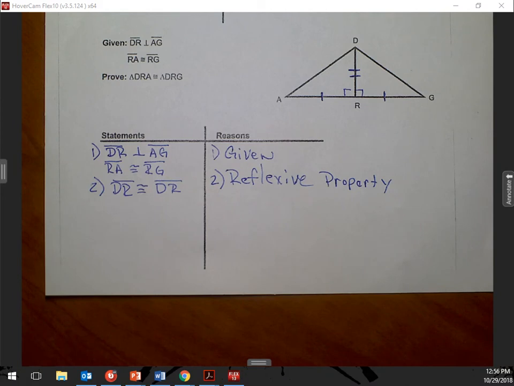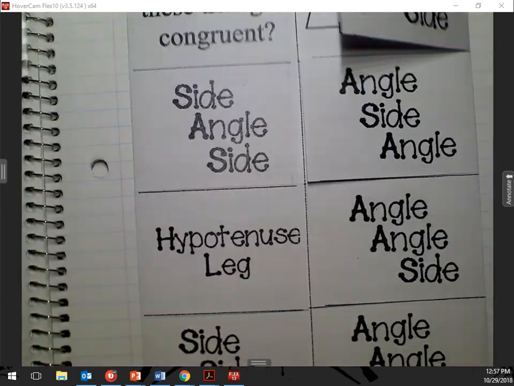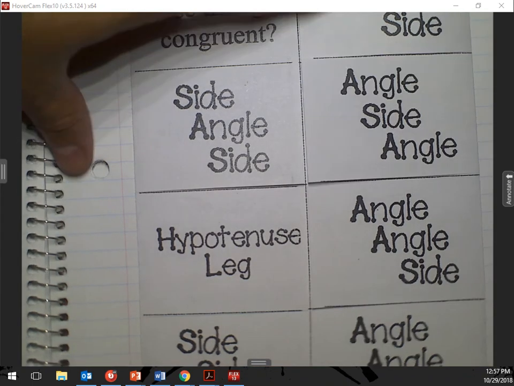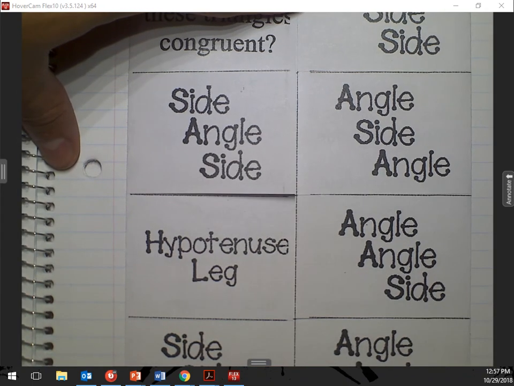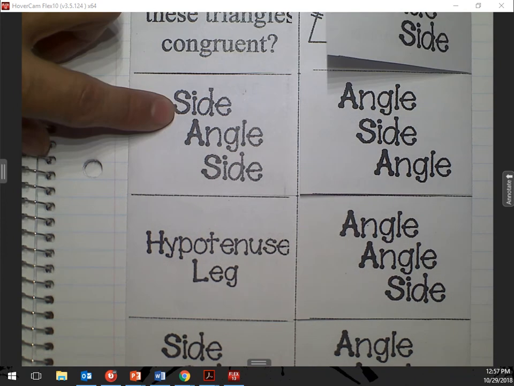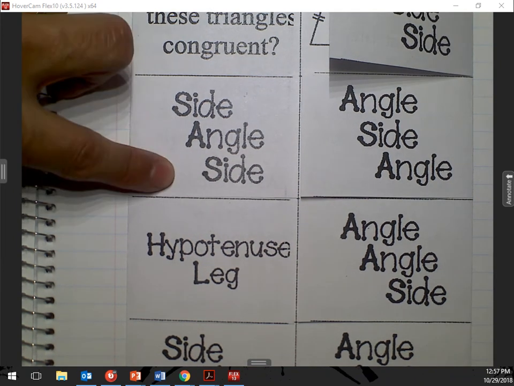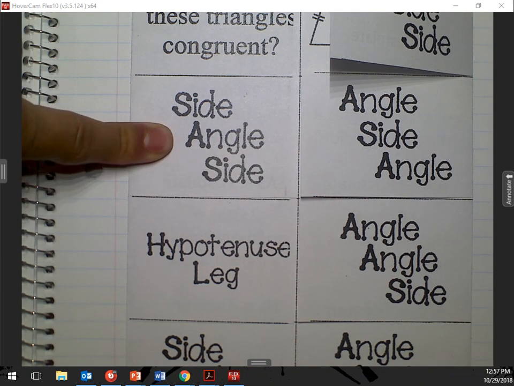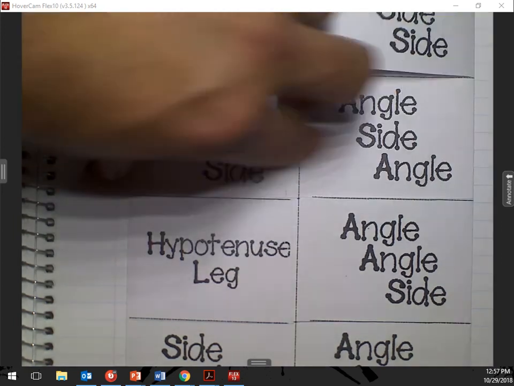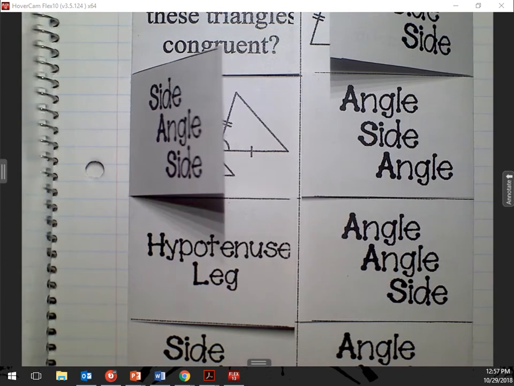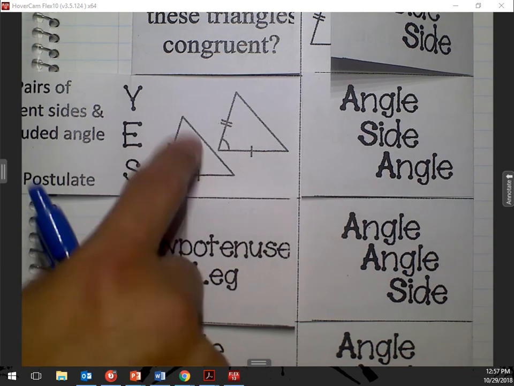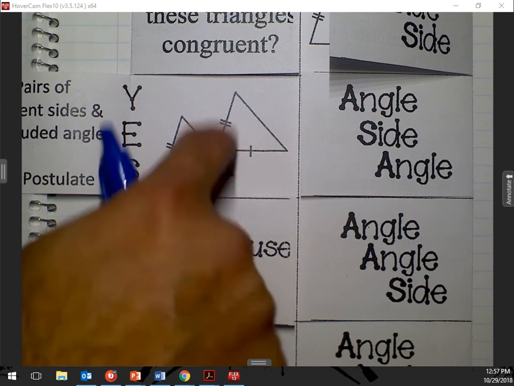Side angle side. There it is right here. Now, how were we able to prove the last 2 are congruent? We went to this one, didn't we? Side angle side. Where's the angle got to be? In the middle, between the 2. It looks like this, doesn't it? Side angle side, side angle side.